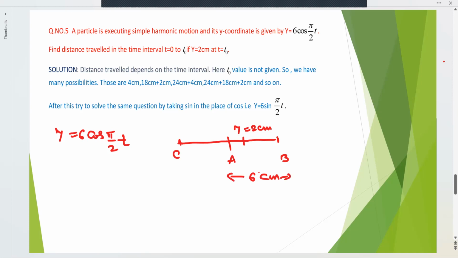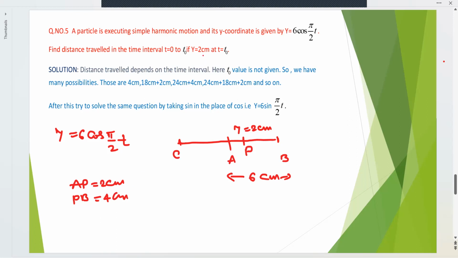Let us call the point given as P. From B to P, sorry, we are given the y coordinate is 2. That means AP equals 2 centimeter and PB is equal to 4 centimeter.